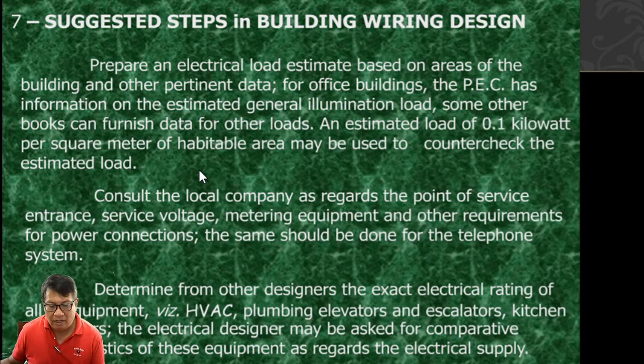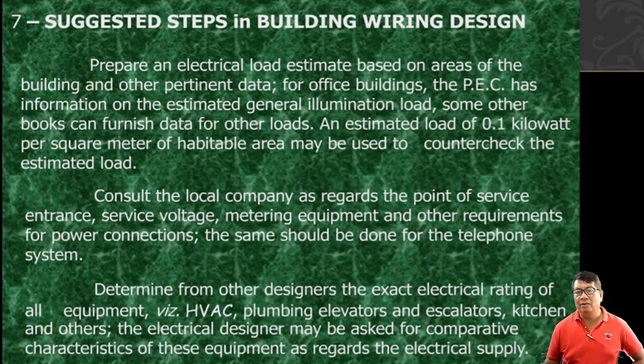Okay, so per habitable area, your estimated power per square meter is 0.1 kilowatt or 100 watts. Consult the local power company as regards the point of service, entrance service, voltage, metering equipment, and other requirements for power connections. Determine from other designers the exact electrical rating of all equipment.